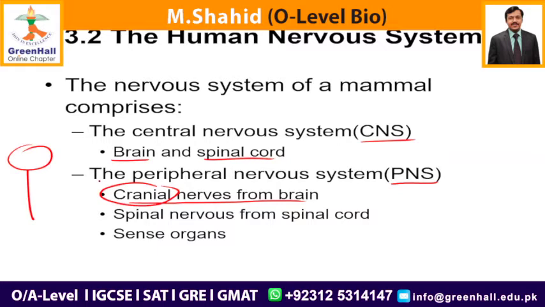So that plastic sheet can be an analogy for the nerve, whereas all the individual copper wires in it act as the neurons. So a bunch of neurons working together is called a nerve. So cranial nerves are the nerves that are connected to the brain.